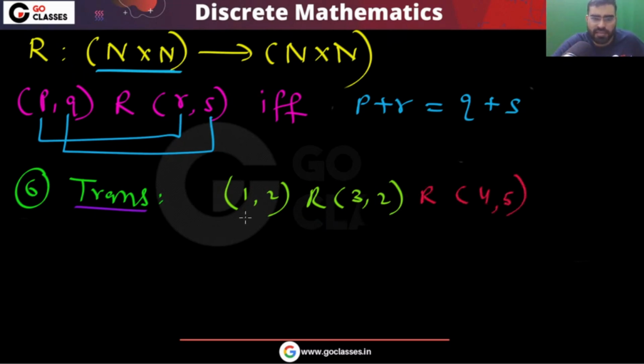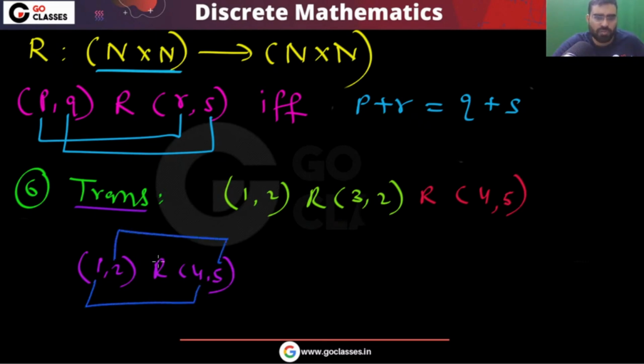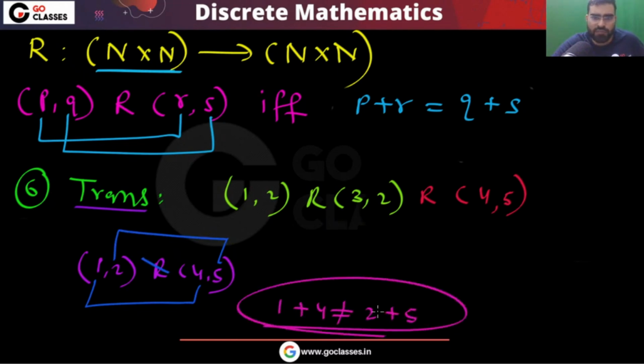Then can I say that 1 comma 2 is related to 4 comma 5? Can I say 1 plus 5 is equal to 2 plus 4? This is not true. You can notice that 1 plus 4 is not equal to 2 plus 5. So definitely I can say this is not transitive. The relation is not transitive.